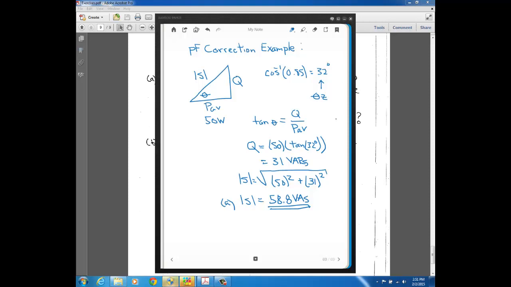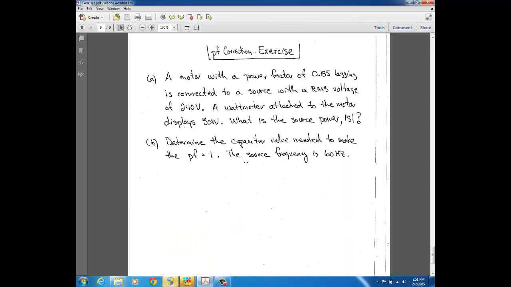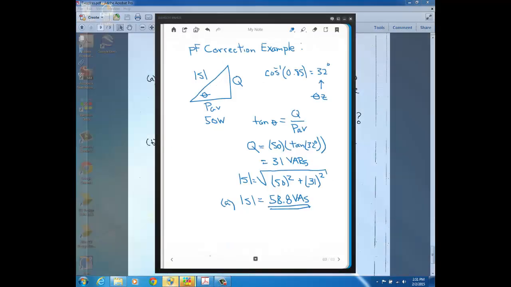Now, if we go back and look at the problem here, part B is, okay, well, what capacitor does it take to correct the power factor? And the frequency is 60 Hertz. So here, remember, the key thing is that, okay, so this is part B, correcting the power factor, so coming up with the capacitor value.